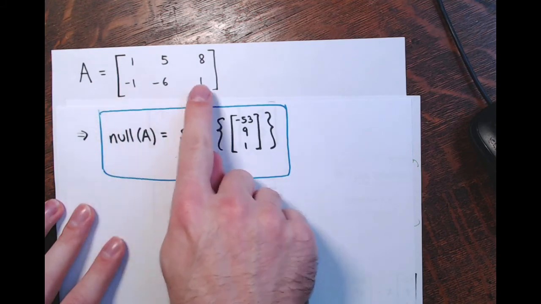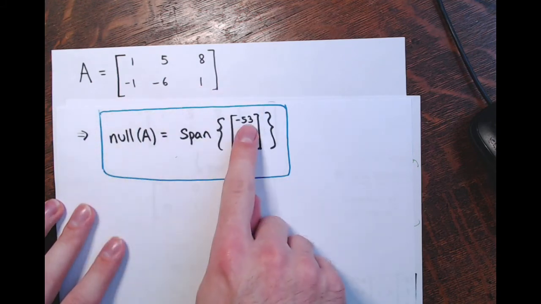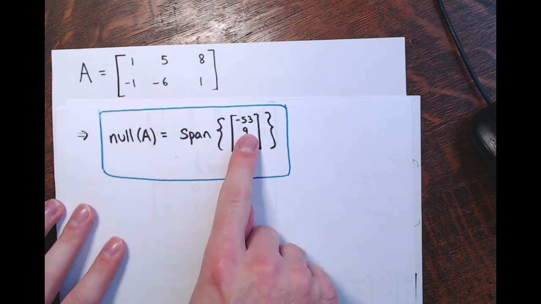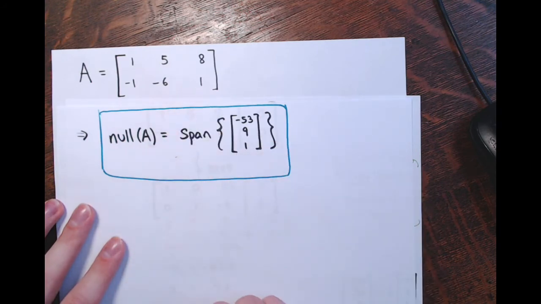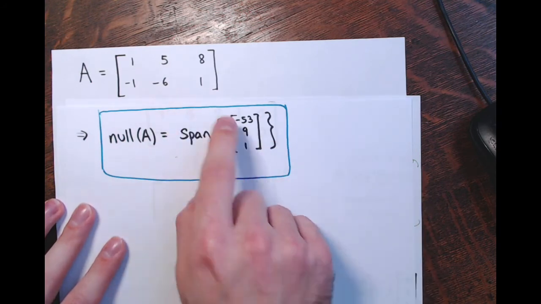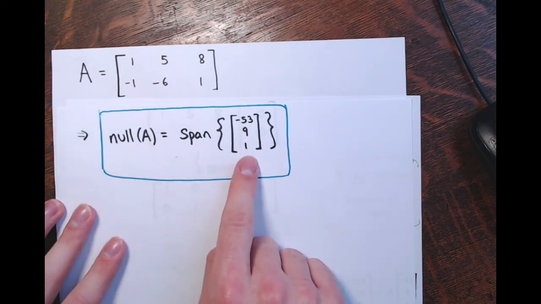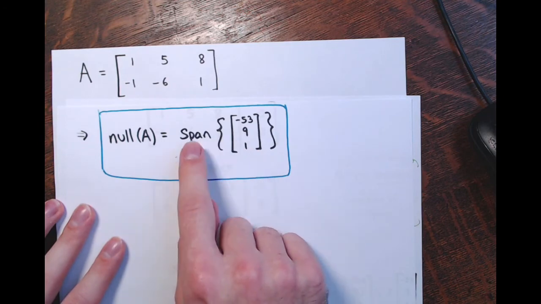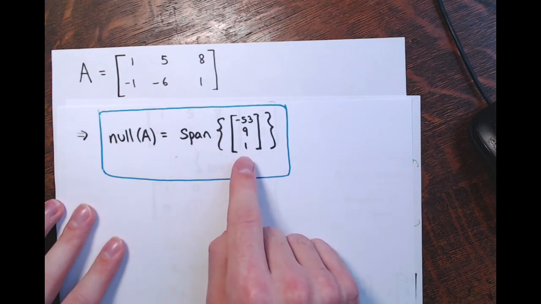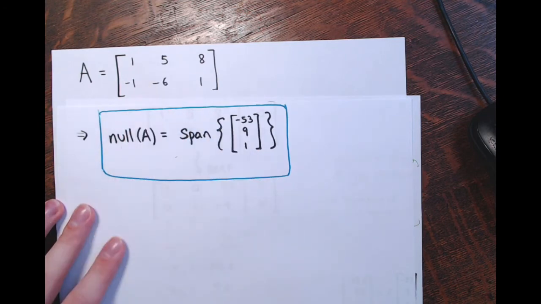Then do the second row with this: you get positive 53 minus 54 is negative 1, plus 1 is 0. So this times this is 0. Great. So negative 53, 9, and 1 belong in this null space. And any multiple of this, the span of this, will also make that equal the 0 vector when you multiply them. And you can check that out if you want.